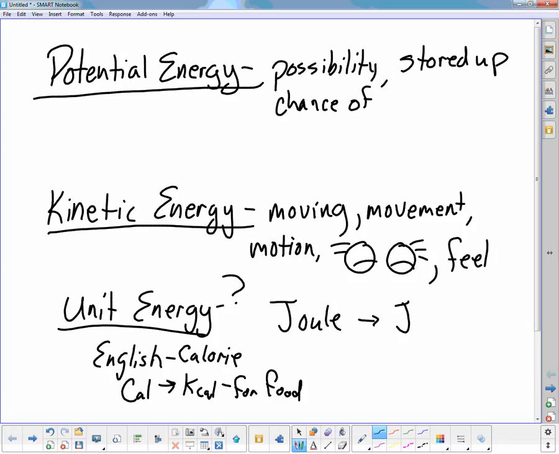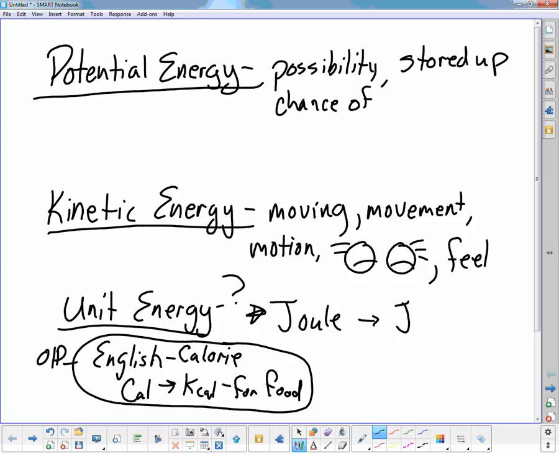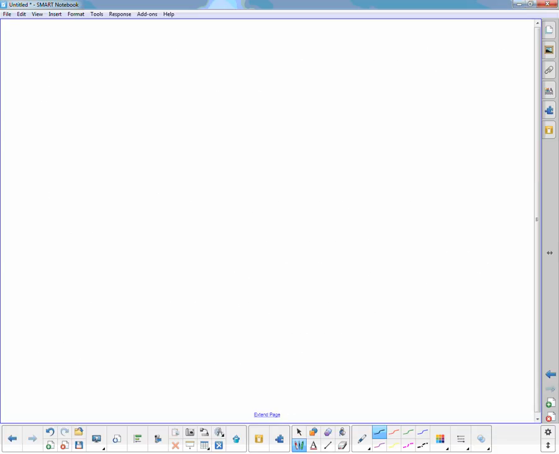So joule is our standard that we're going to be looking at. So not this. This is old English, right?